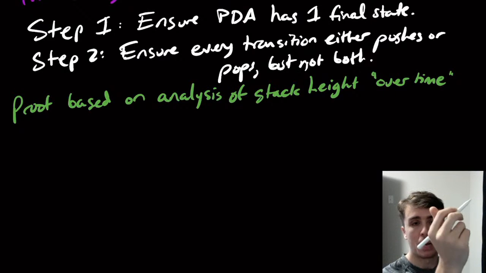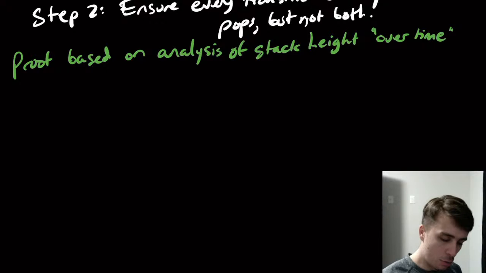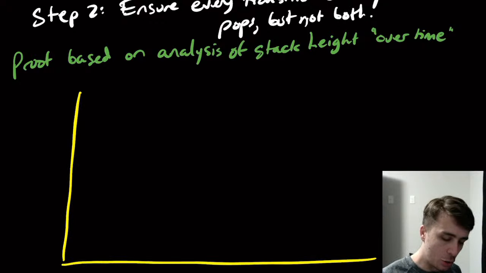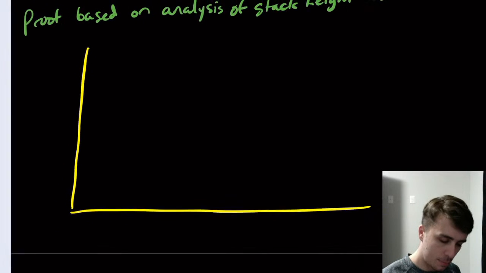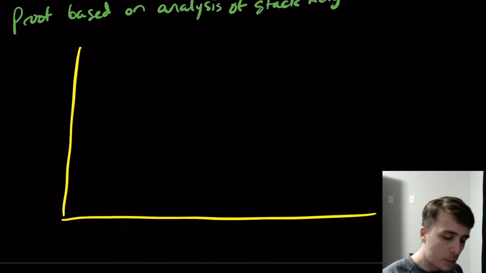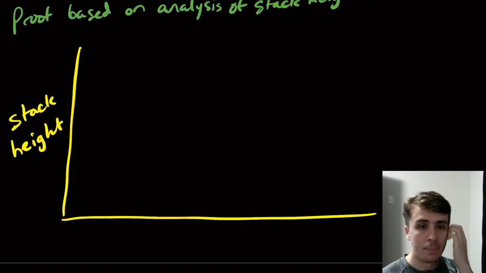It either goes up by 1 or it goes down by 1 every single time. So the way that you look at this is you look at what the stack height could do over time. What I'm going to plot here, on the vertical axis, is the height of the stack over time.